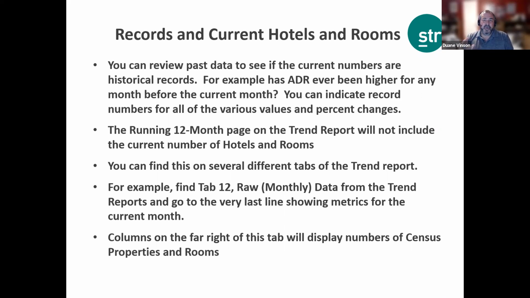And then you could put the place or the rank. So for example, New York might be the number one market in the US for occupancy. It could be the number two market for ADR. It could be the number four market for overall room supply. If you want to include that, compare that to some other markets, and you can do that as well.